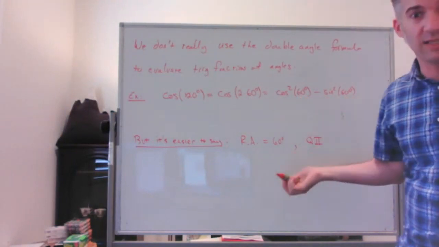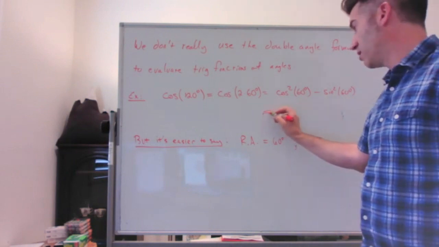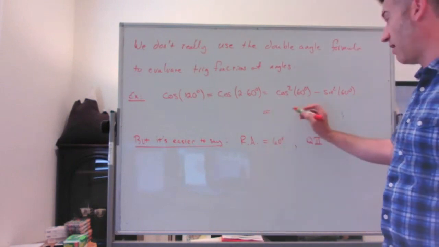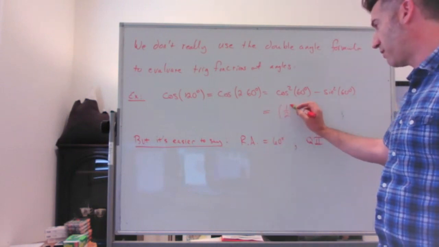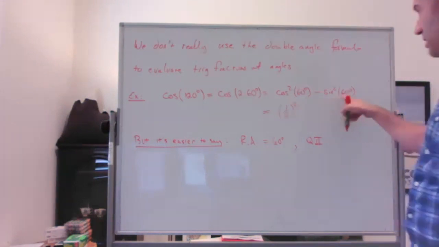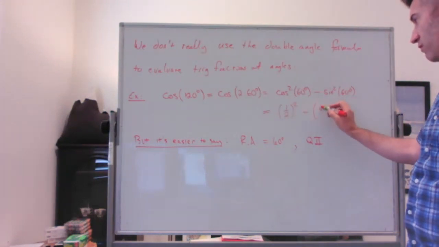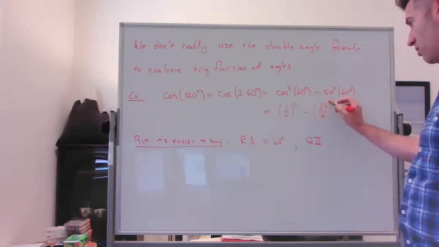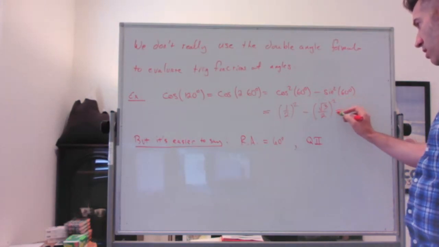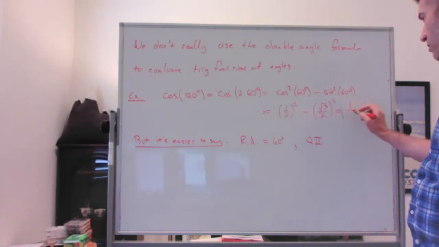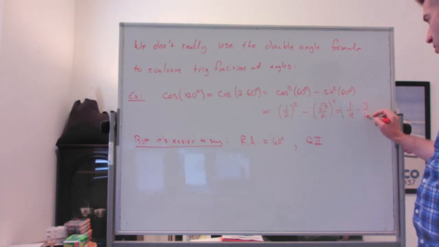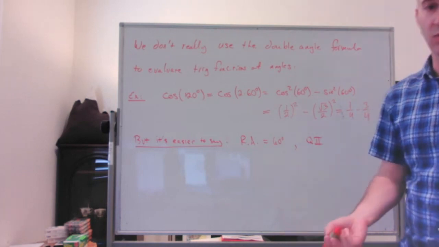In this case, theta is 60 degrees, and cosine of 60 degrees is 1/2, so that's 1/2 squared. And sine of 60 degrees is the square root of 3 over 2, so that's the square root of 3 over 2 squared. That's going to be 1/4 minus 3/4, which is negative 2/4, which reduces to negative 1/2.